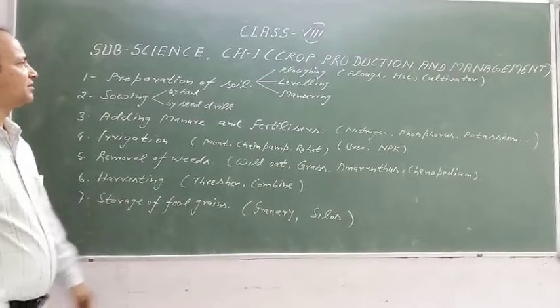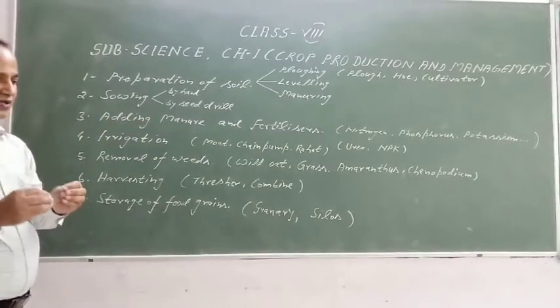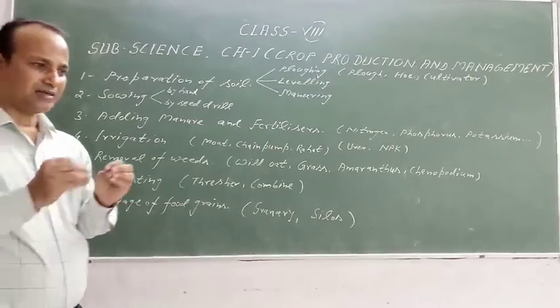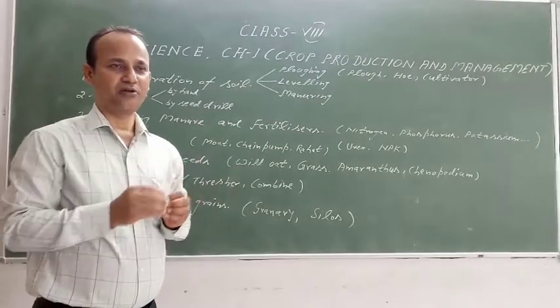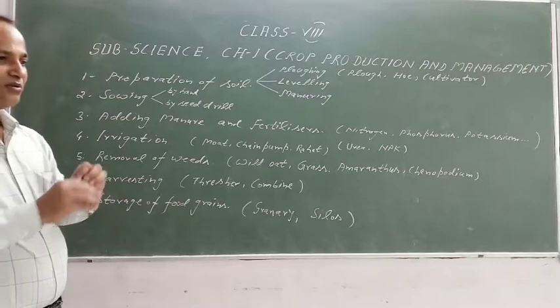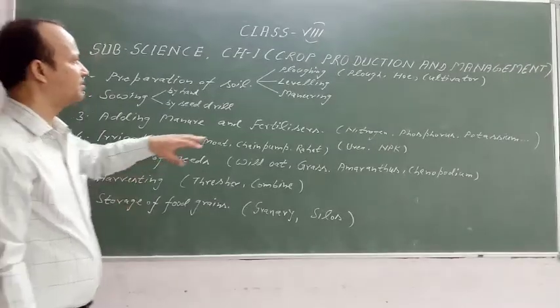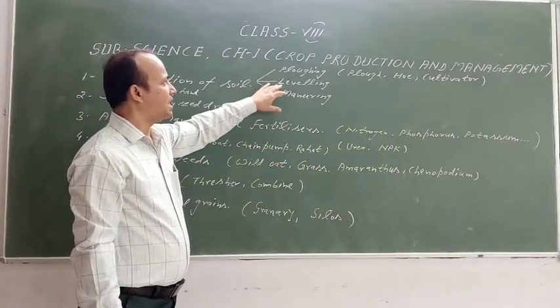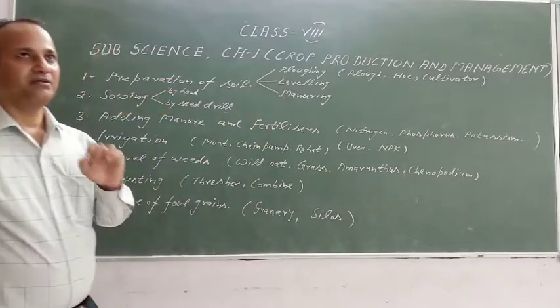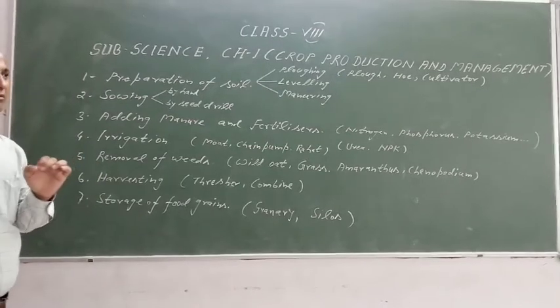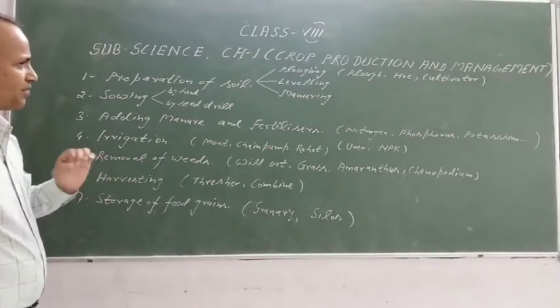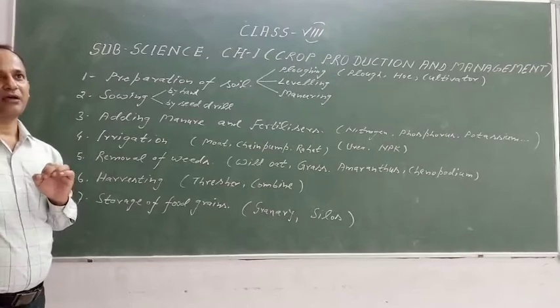If we do manuring while plowing is going on, all the manure will mix in the soil uniformly. Like plowing, leveling and manuring, these are the basic practices when farmers start to prepare soils.